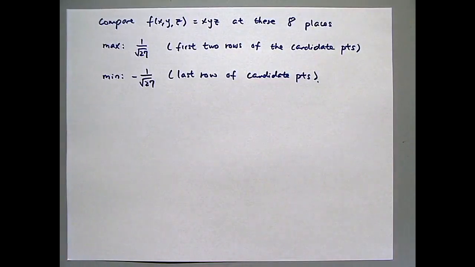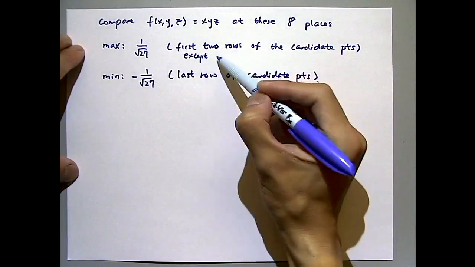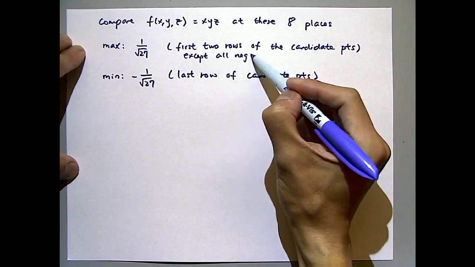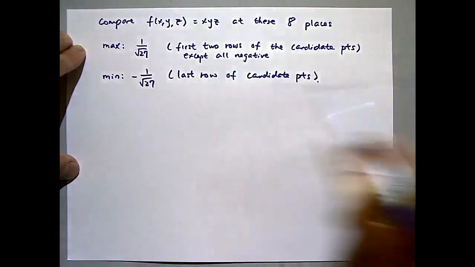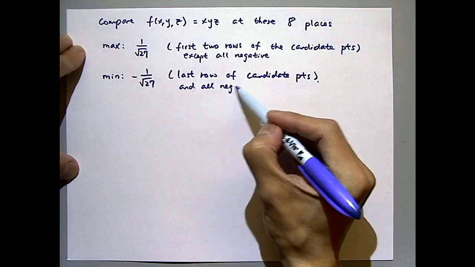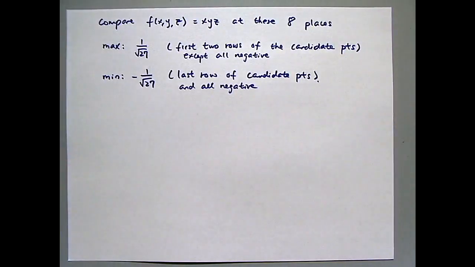Oh yeah, and first row except all negative, you're right. Last row and all negative. Yep, you're right. Absolutely right. All right, so that's what we have to do.